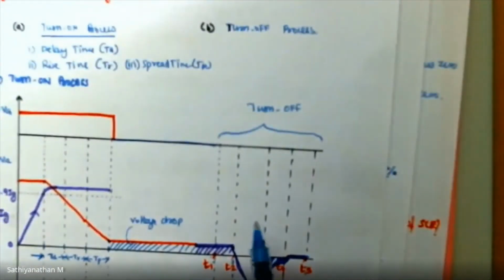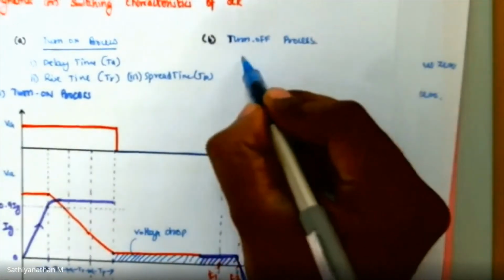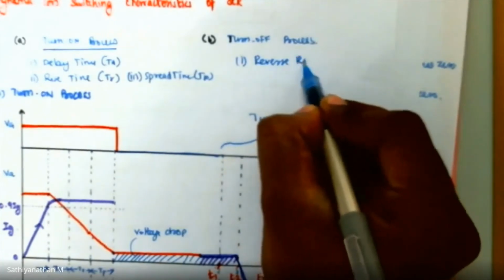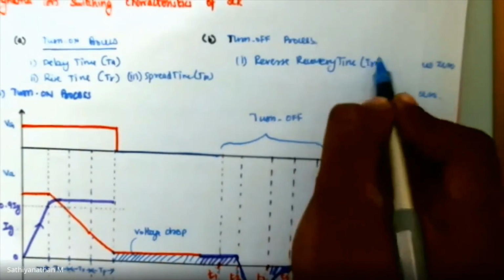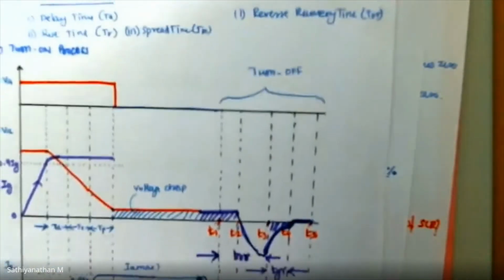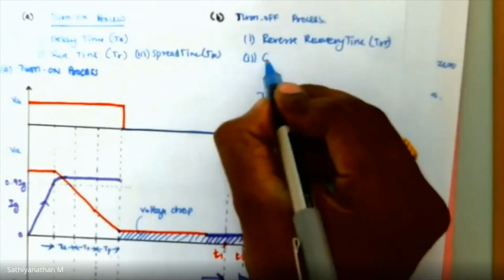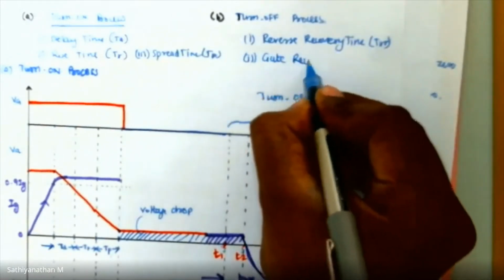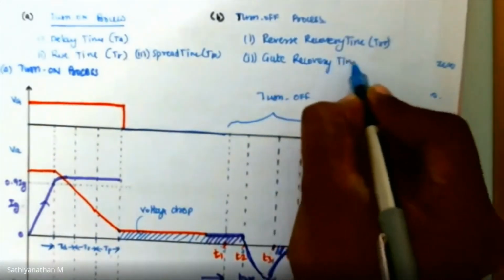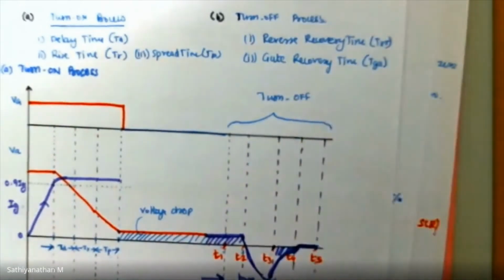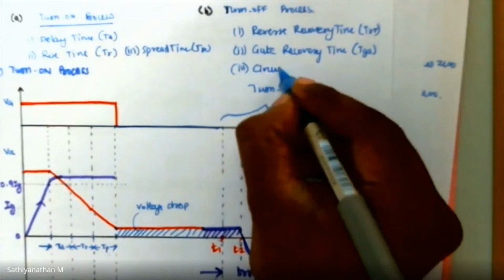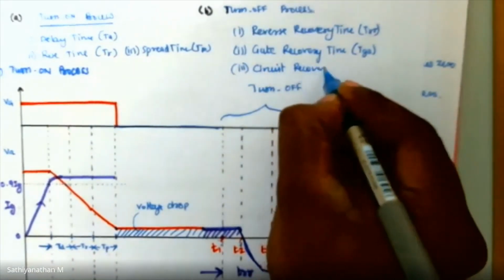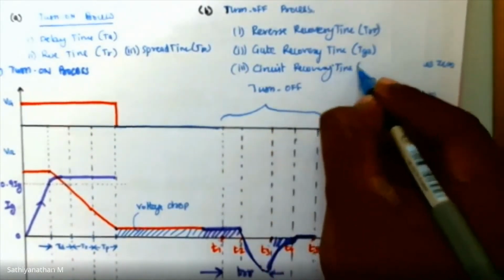Similarly, turn off process consists of 3 time intervals: reverse recovery time, TRR, right, and the second one is gate recovery time, TGR, and the last one is circuit recovery time, TC.